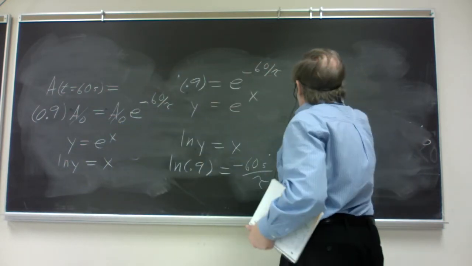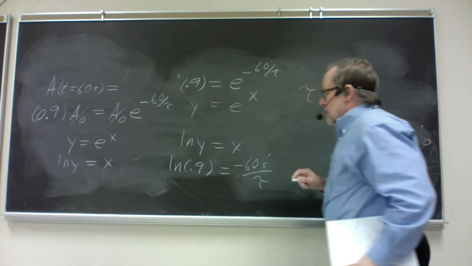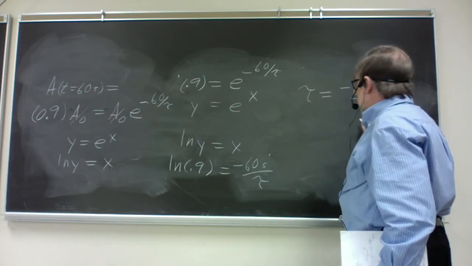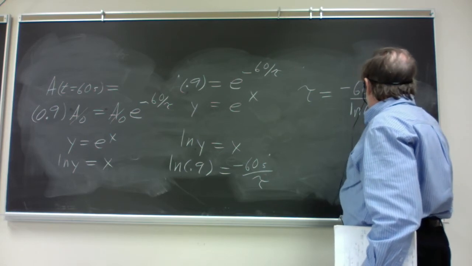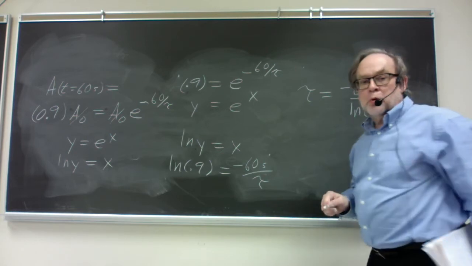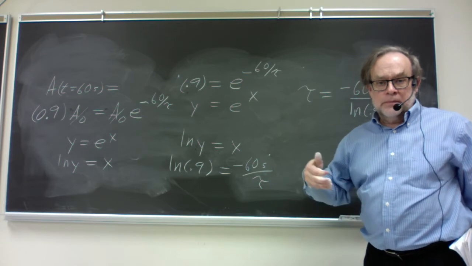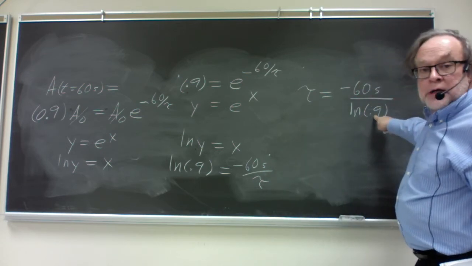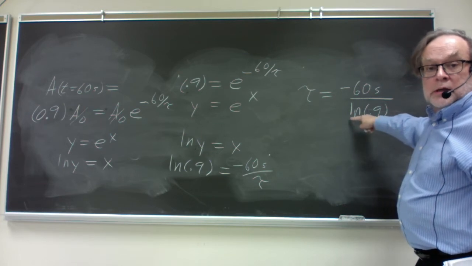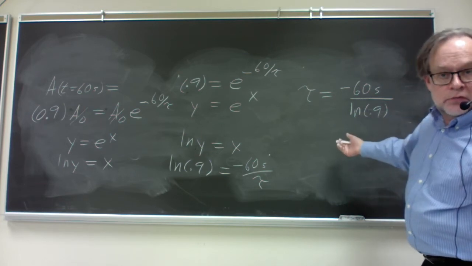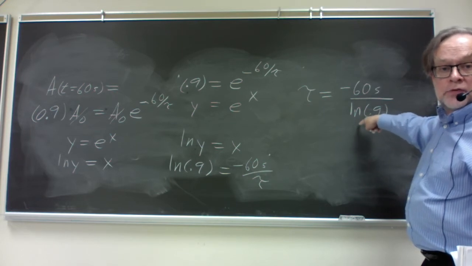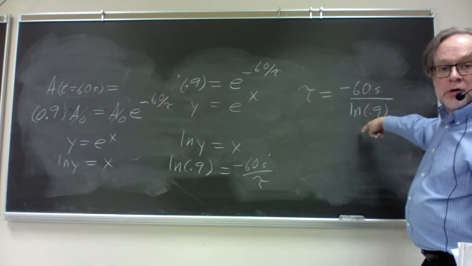So tau, the time constant in this case, is actually minus 60 seconds divided by the natural log of 0.9. Well, it turns out that for any number less than 1, its natural log is negative. So ln of 0.9 is negative, and so there is a negative number in both numerator and denominator.